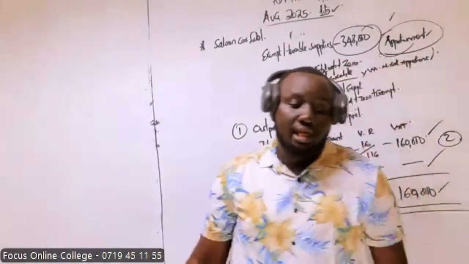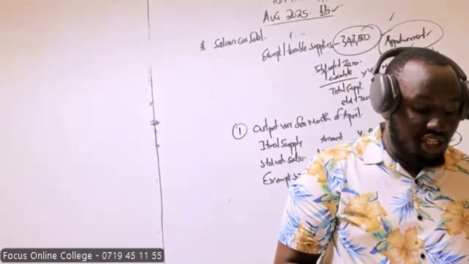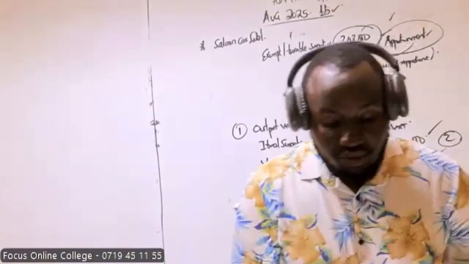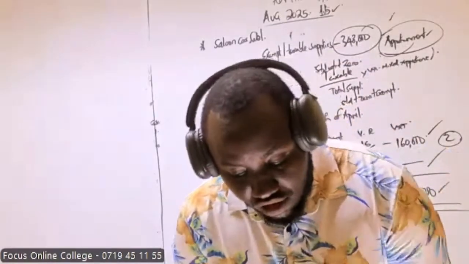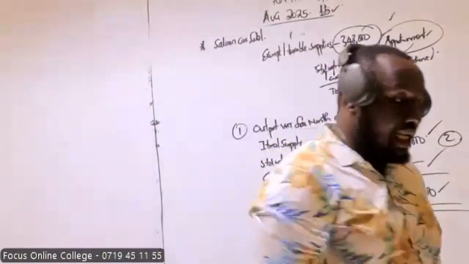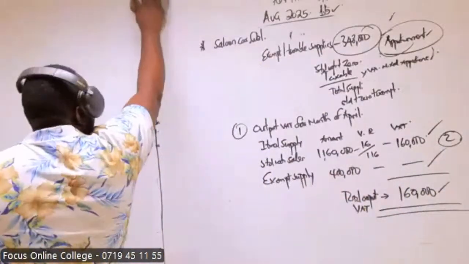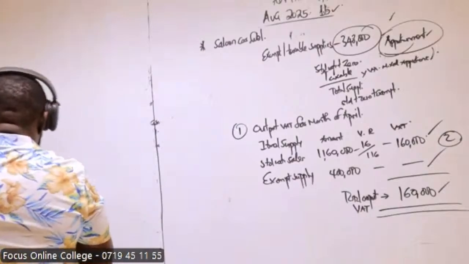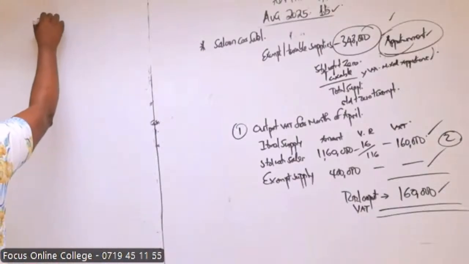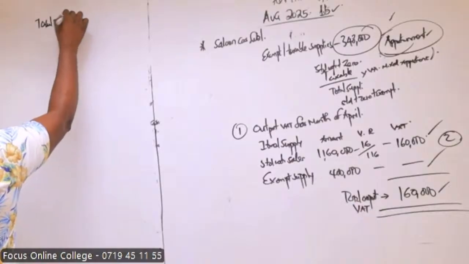Inputs are restricted under the VAT Act of 2013. So we get the total input and the amounts that are restricted.